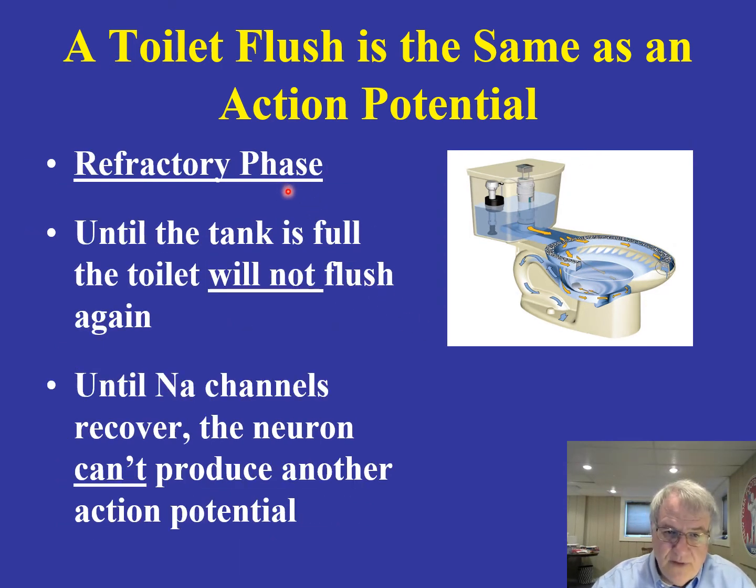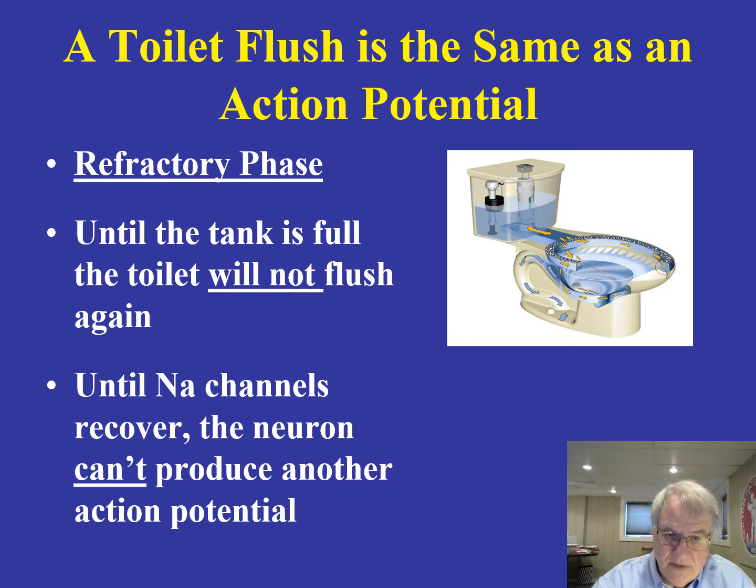The refractory phase, again, use our toilet flush analogy. Until the tank is full, the toilet is not going to be able to be flushed again. What you see in terms of the action potential is very similar.